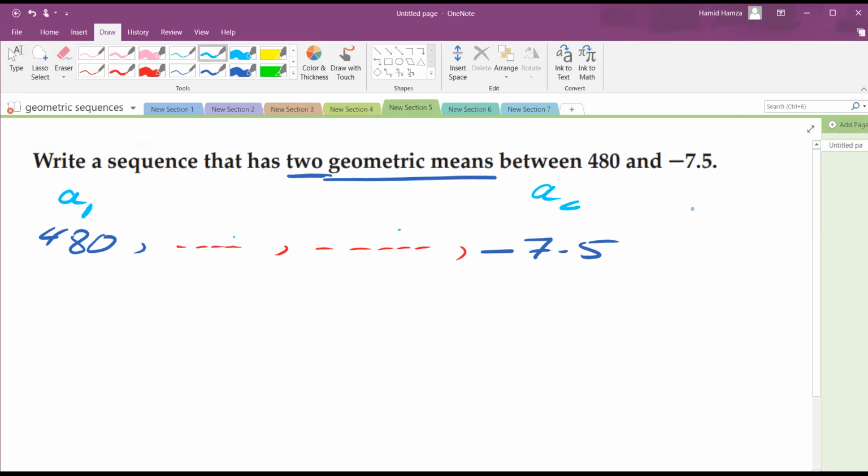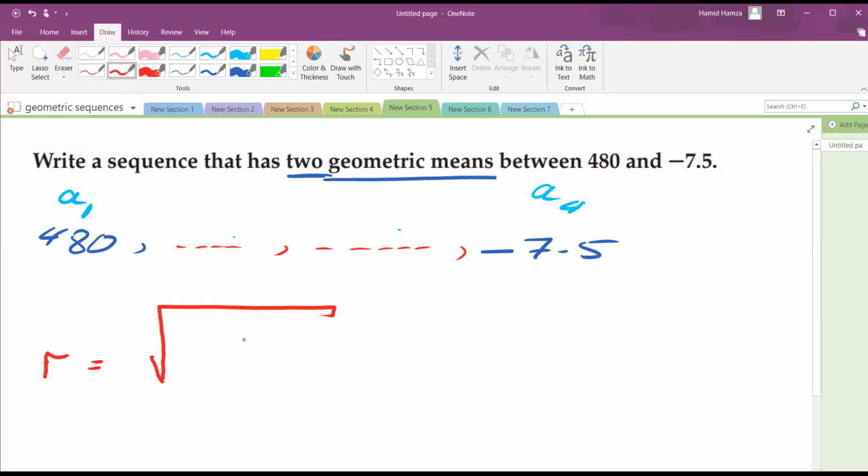To form an arithmetic sequence or geometric sequence, all you need to know is the common difference for an arithmetic sequence and the common ratio for a geometric sequence. I need to find the common ratio in this case, which is R.